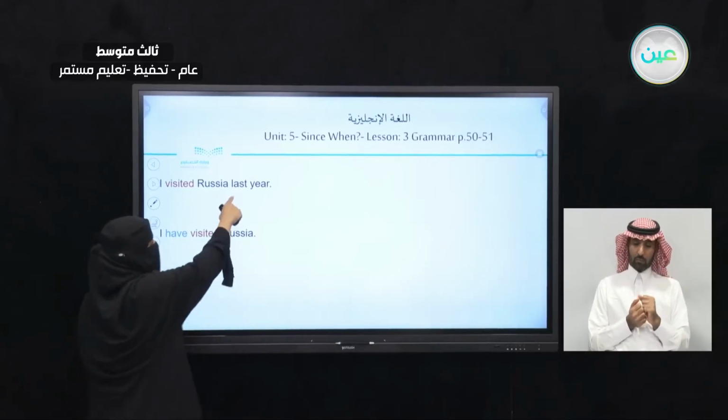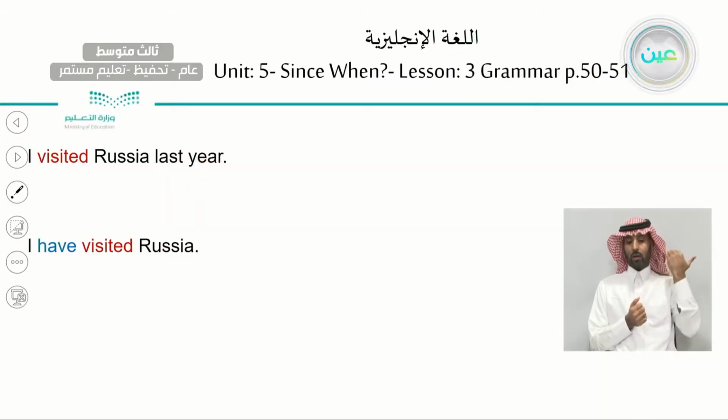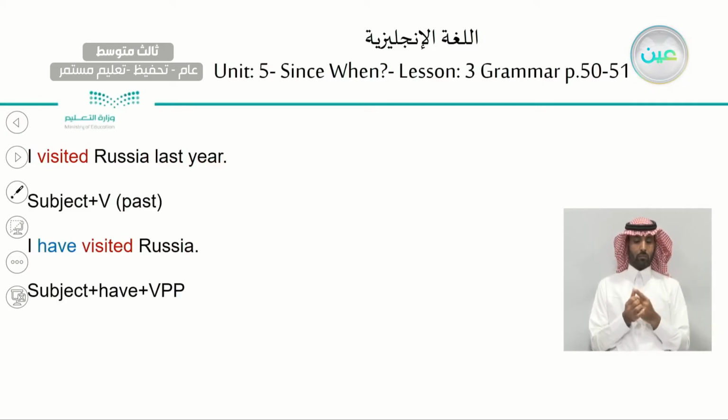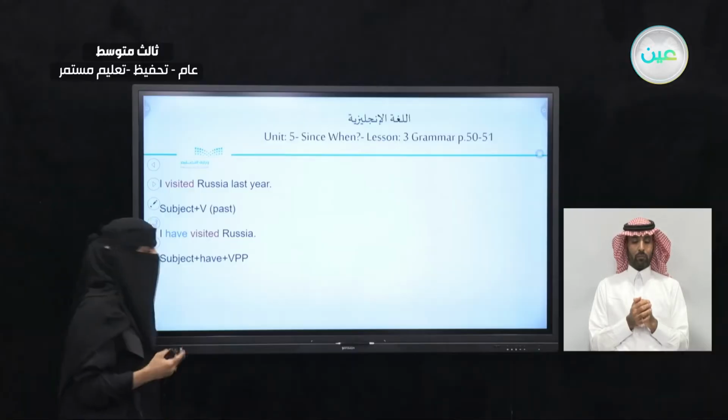Yes, here in the first sentence we have last year. And here we don't have the same phrase. Excellent. With the first sentence, we have the subject and the verb in the past tense. And in the second sentence, we have the subject and have, and the verb 3, the past participle.